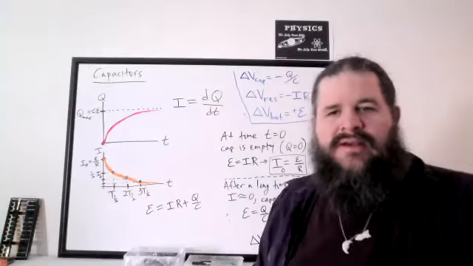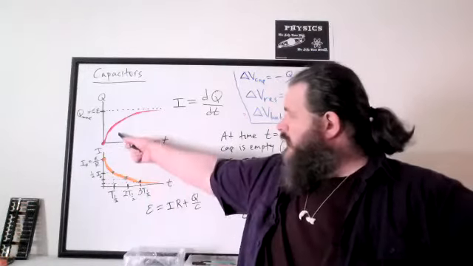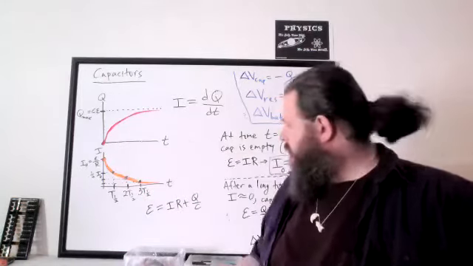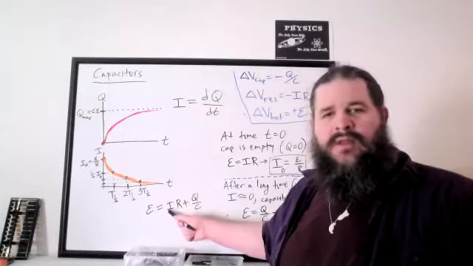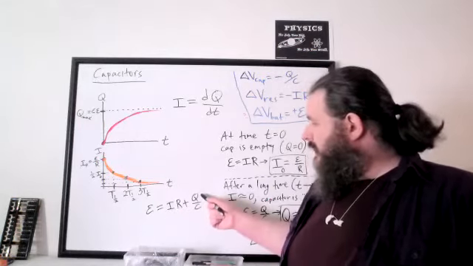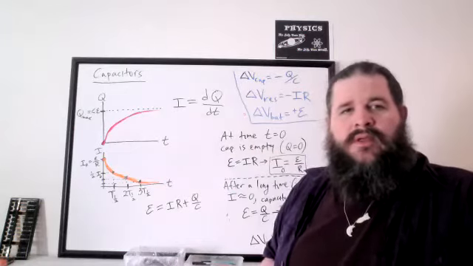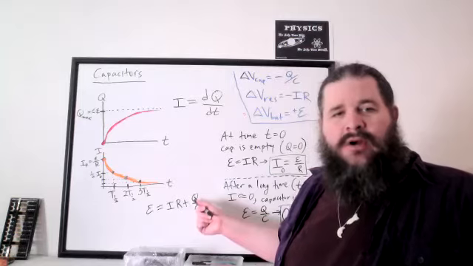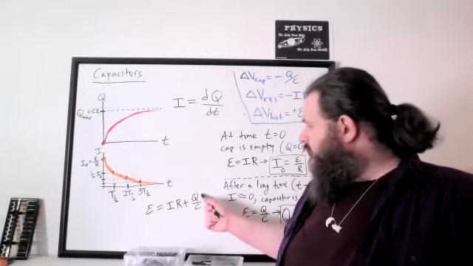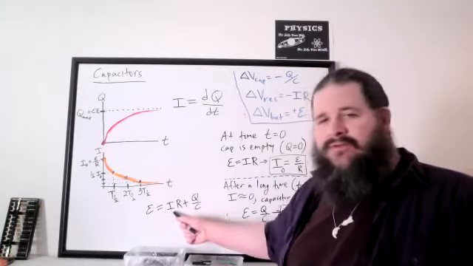How is it possible that it never reaches 0? As the current flows, the capacitor is charging up, right? So if the current gets weaker and weaker and weaker, that means the charge is getting closer to maximum slower and slower and slower. So let's say we're like 1/10 of a coulomb away from maximum charge. That means Q over C is almost epsilon, so there's very little left over for IR.